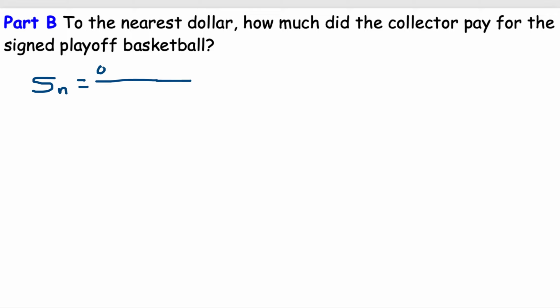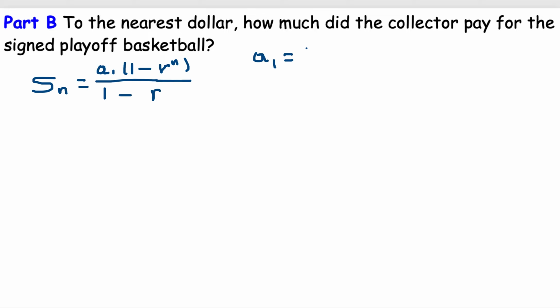Here it is: S sub n equals a sub 1 times 1 minus r in exponent n, divided by 1 minus r. And now a1, we already found a1. In the first term, how much money did he save?